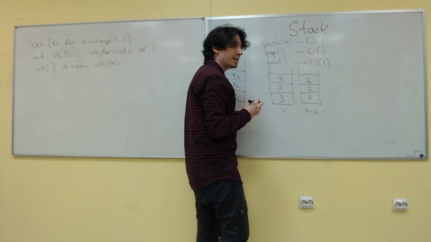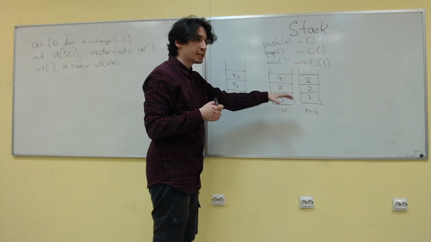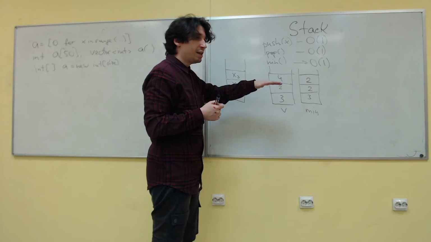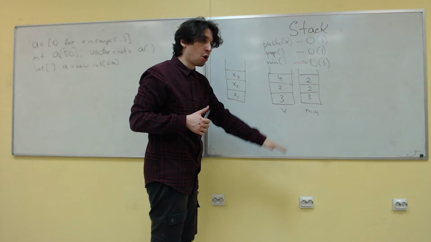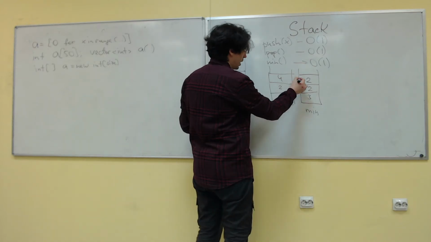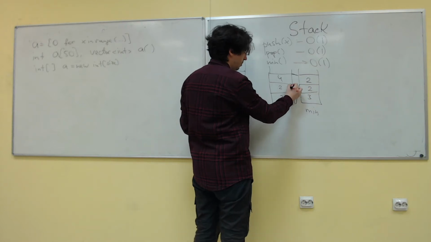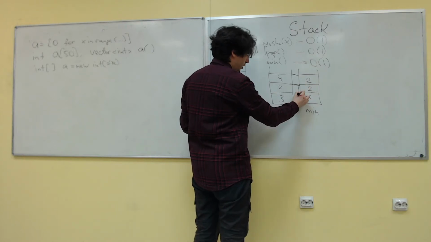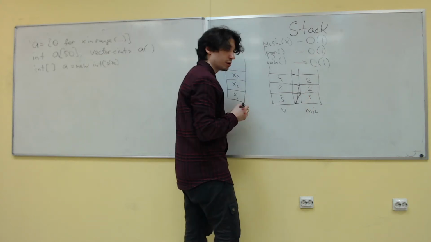So your minimum stack will maintain the minimum of the elements on the stack that are below it. So this 2 is the minimum for the whole stack. This 2 is the minimum starting from the 2nd position, and 3 is the minimum starting from the 1st position.